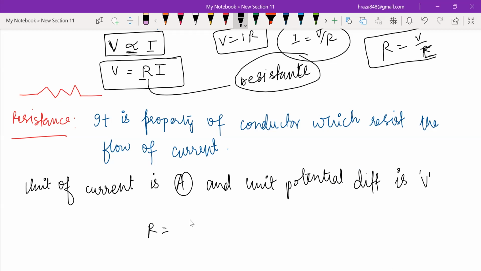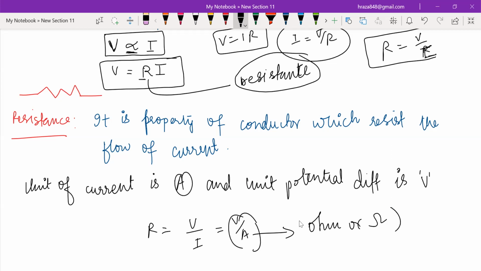So R will be equal to V upon I, which is volt upon ampere, which is known as ohm, and we denote it by Ω. This is very important. You don't need to write the unit of resistance as volt per ampere, but you need to write that the unit of resistance is ohm.